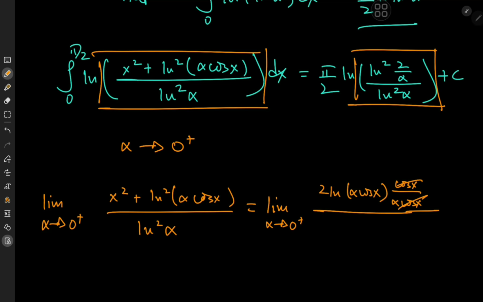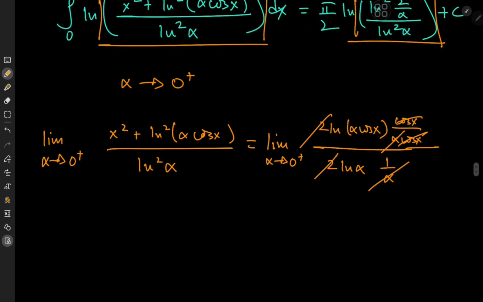Okay, cool. And in the denominator, we have 2 times log alpha times 1 by alpha. And again, we have some lovely cancellation taking place. So you could apply L'Hopital's rule again, but it's actually pretty easy to see, especially when you've solved so many calculus problems at this point, which I expect you've done because I've done over 300 videos now, and I'm pretty sure that the only people who watch my videos regularly are calculus nuts anyway.